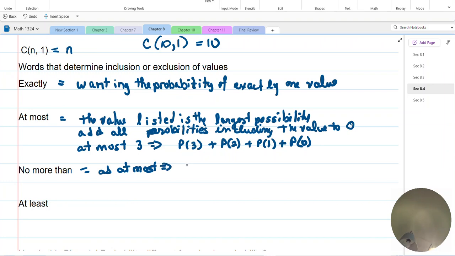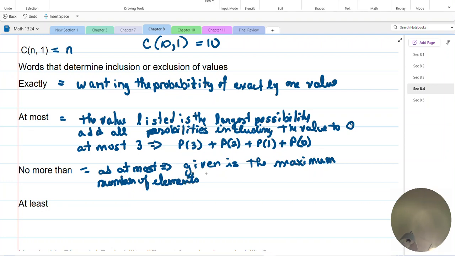The value given is the maximum number of elements that are acceptable in the probability.